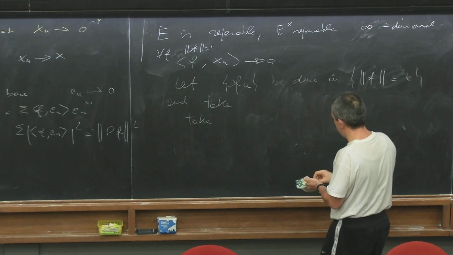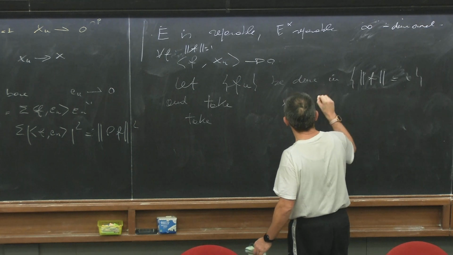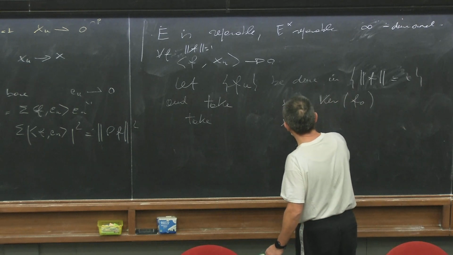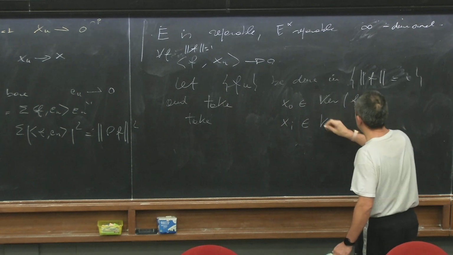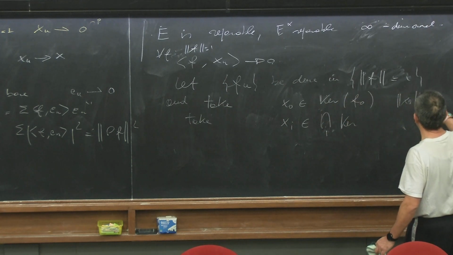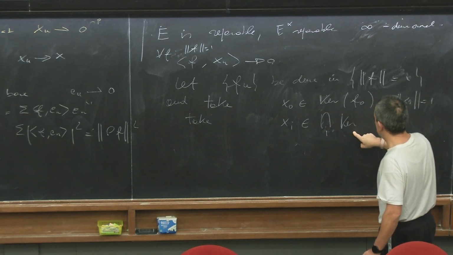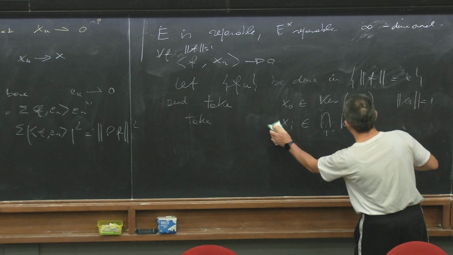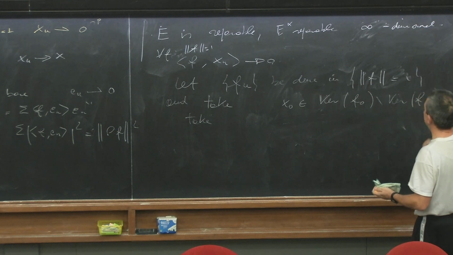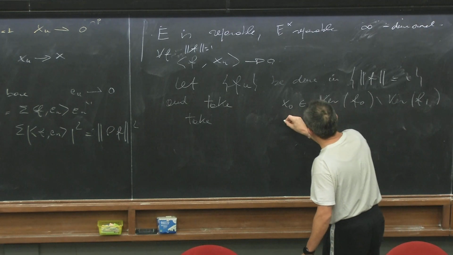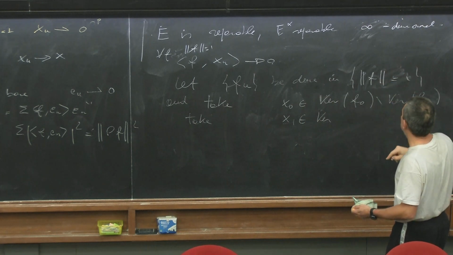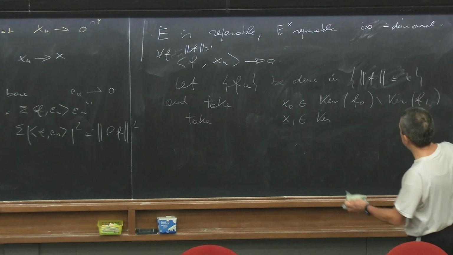So let's say x0 belongs to the kernel of f0, with norm of x0 equal to 1, and then xi belongs to the intersection of the kernels. Okay, this is much easier.